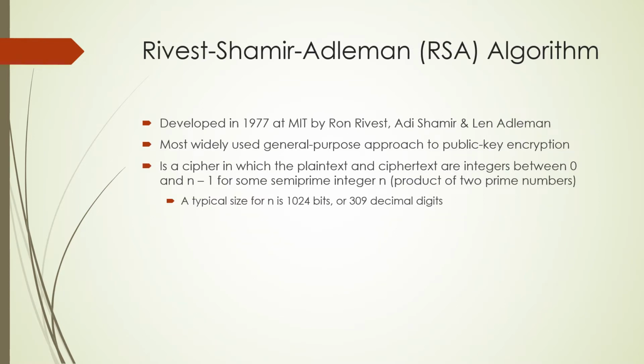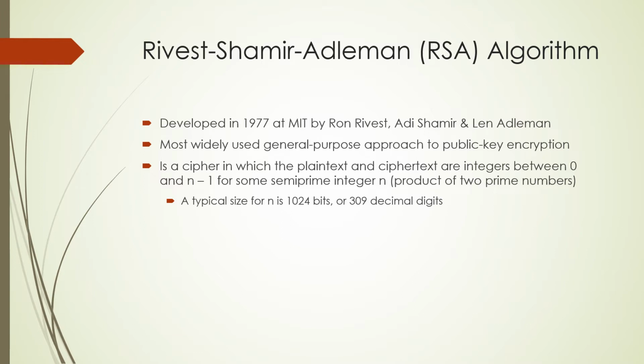So in this lecture, I'm going to talk about the details of an algorithm that is used for public key encryption, and that is called the RSA algorithm, which is named from the initial letters of three scientists who created this algorithm.